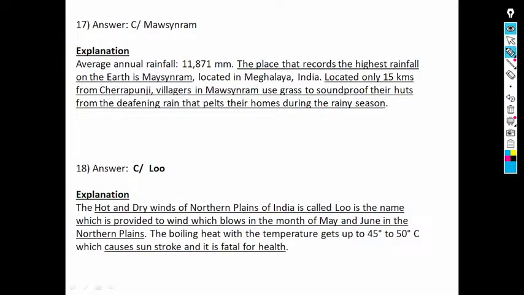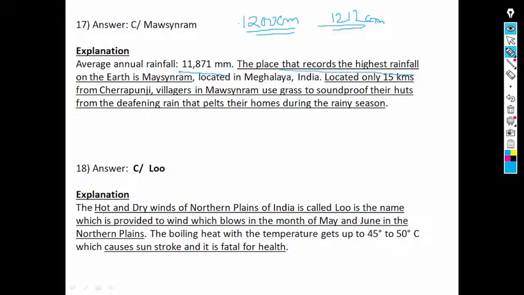The average annual rainfall at Maisinram is near about 11,871 mm, or we can say near about 1200 centimeters, because 1 centimeter is 10 mm.